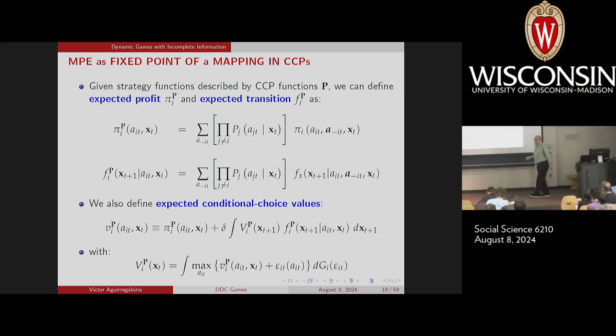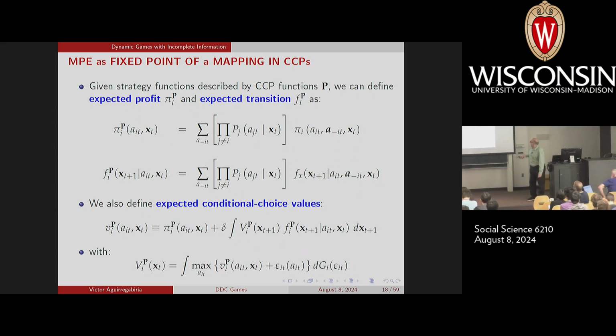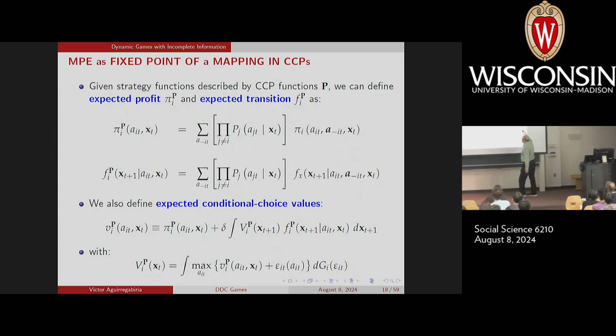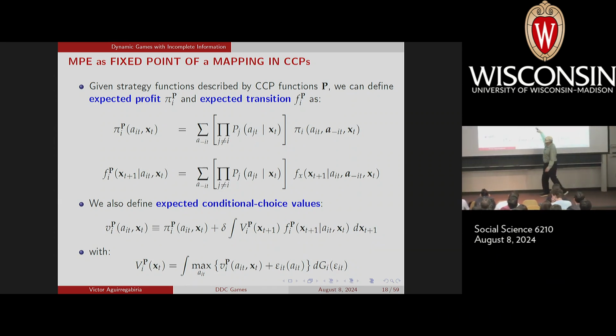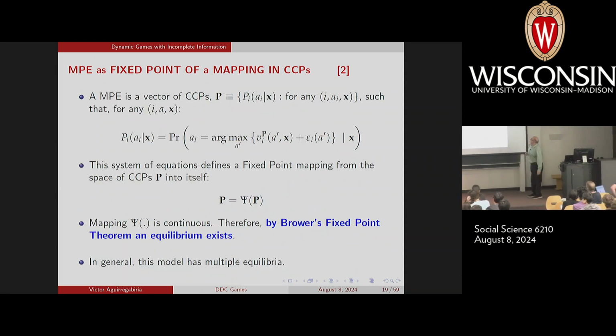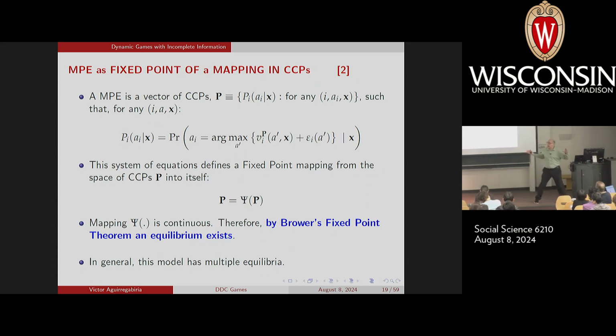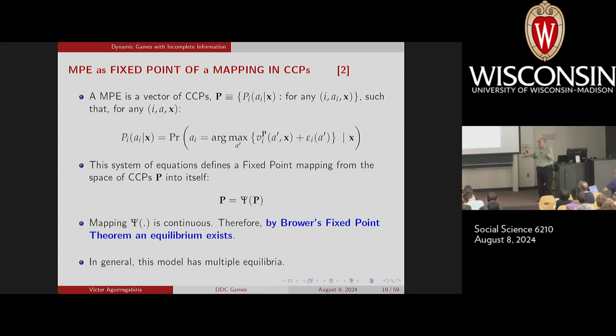And then the probability of choosing an alternative A for player I is just the probability that this plus the corresponding epsilon is the largest value. And that's what we have here. This expression in the right-hand side is the best response probability function of a player. It's like the best response strategy, but in the space of choice probabilities, not in the space of actions.